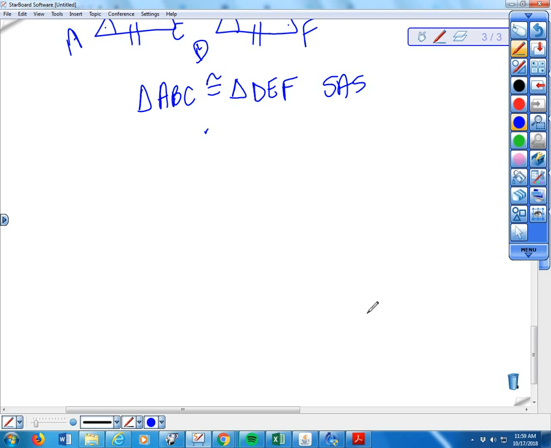Once you prove 2 triangles are congruent, if you're trying to prove something else, like C is congruent to angle F, the reason is, and this is how we shorten it, corresponding parts of congruent triangles are congruent.